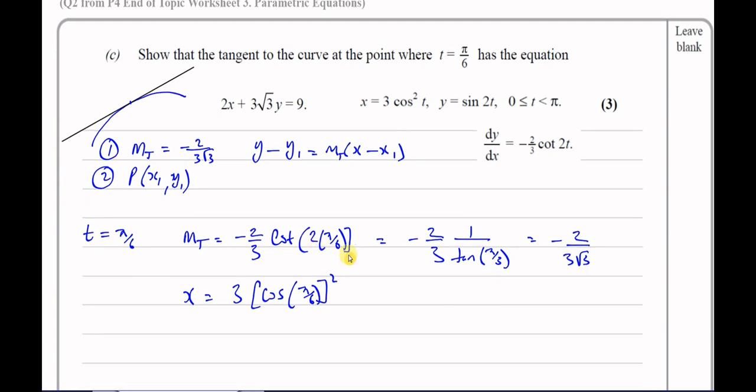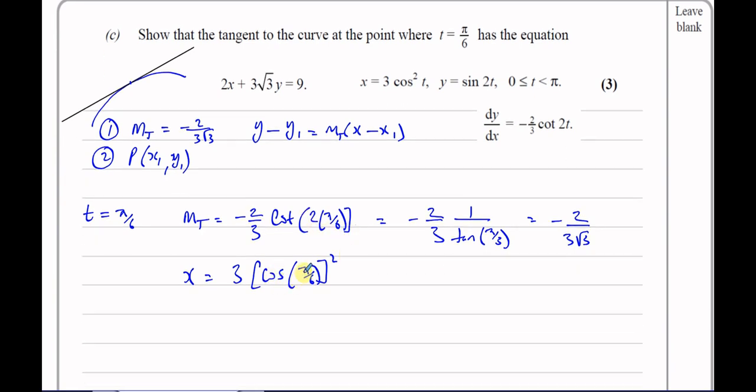The cosine of pi over 6, that's 30 degrees, is equal to root 3 over 2. So that's 3 times root 3 over 2 all squared, which is 3 times 3 over 4, which is 9 over 4.